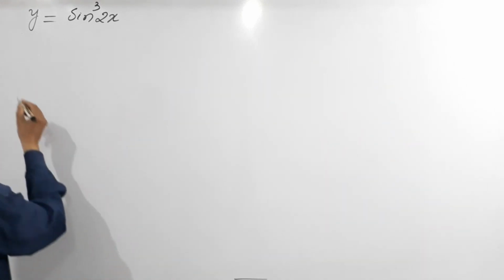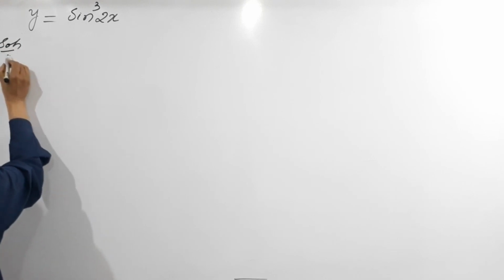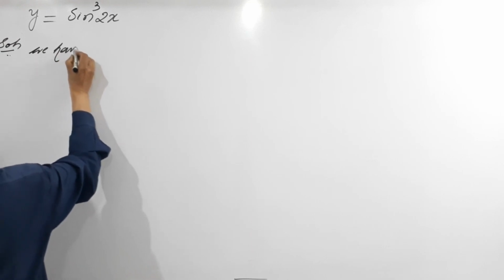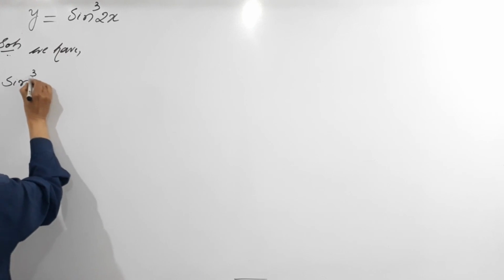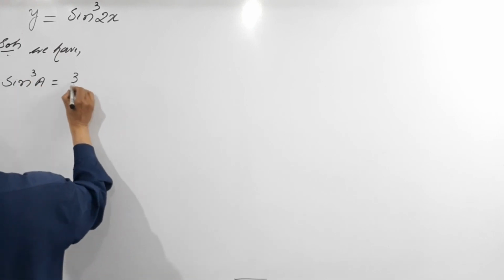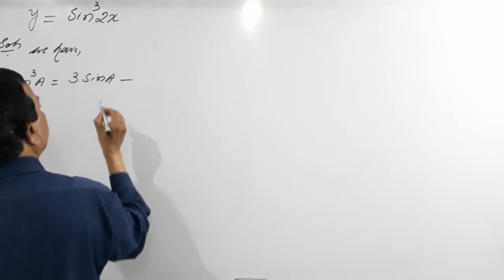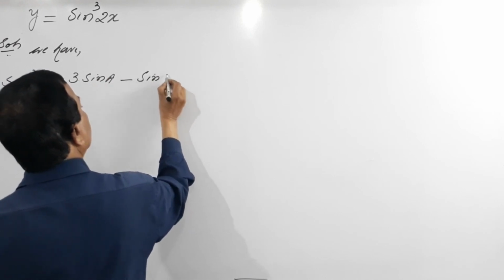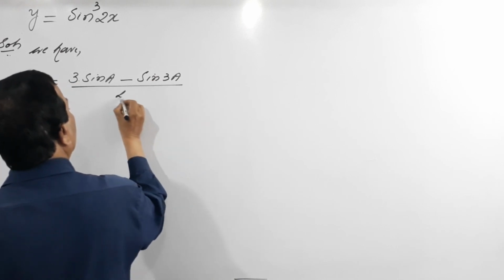So dear students, in the solution, we have sin cube a equals 3 sin a minus sin 3a by 4.